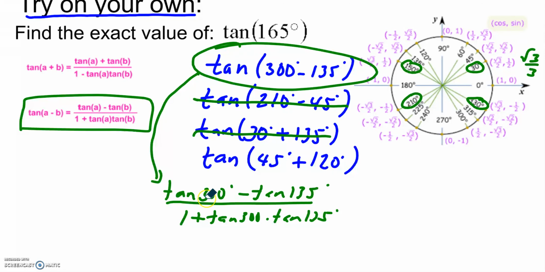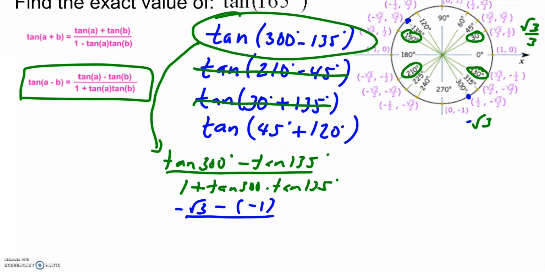So the tangent of 300, again, this is really a root 3 over here. Tangent in the fourth quadrant is negative. So this is really negative root 3 minus tangent of 135. Tangent is also negative in this quadrant. This is 45 degree based, so that value is negative 1. So it's minus a negative 1 on the top.